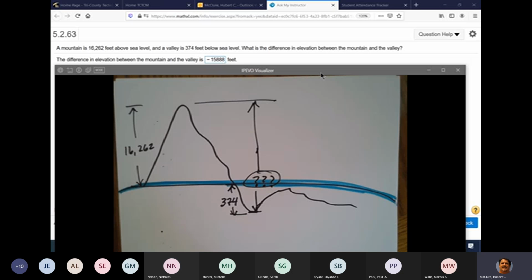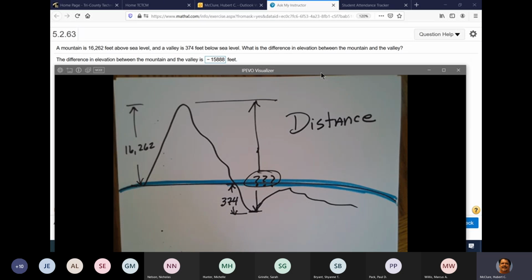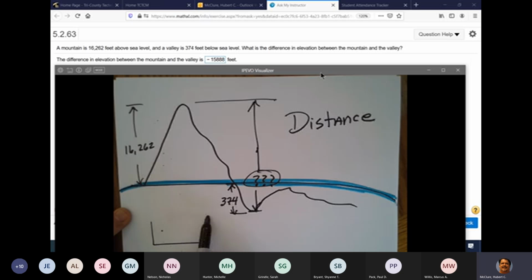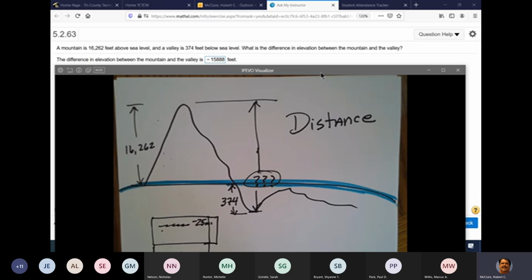Opposite signs. We're dealing with what? Distance. Okay? I'll give you a $100 bill. Somebody give me an example of this. Somebody give me an example of a sign on the highway that says destination negative 25 miles. $100 bill.